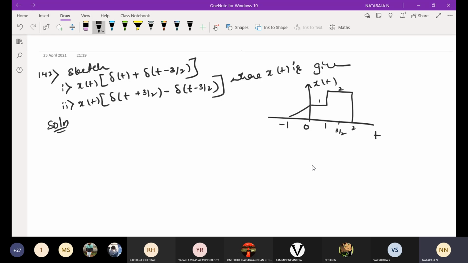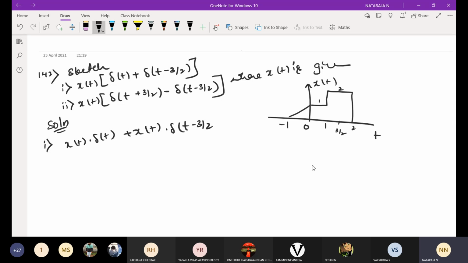Okay, just multiply the signal. First one, what is the signal x of t into delta of t plus delta of t minus 3 by 2? You just multiply each term, and you will get x of t into delta of t plus x of t delta of t minus 3 by 2. What is the meaning of delta of t?